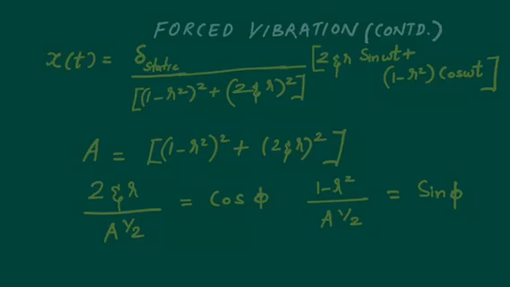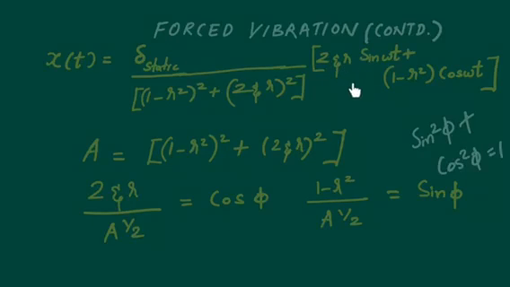That means effectively it is satisfying the constraint that sine square phi plus cos square phi is equal to 1. So we can go ahead and do this approximation.